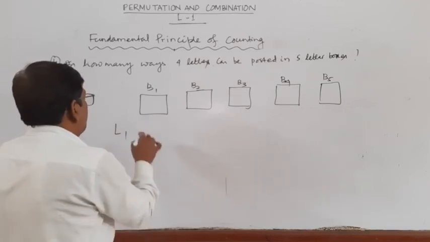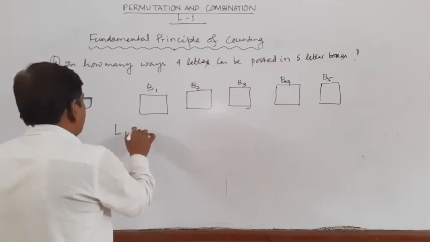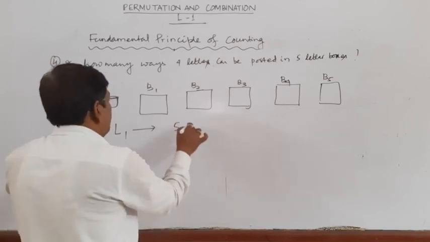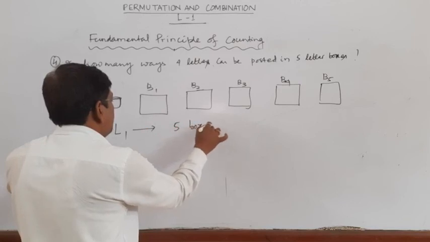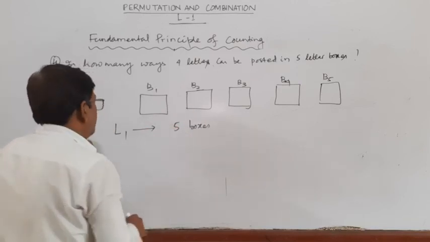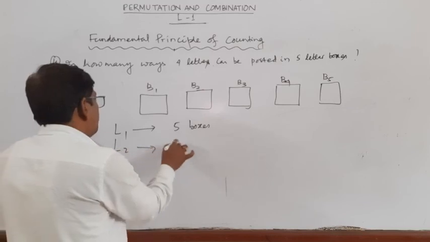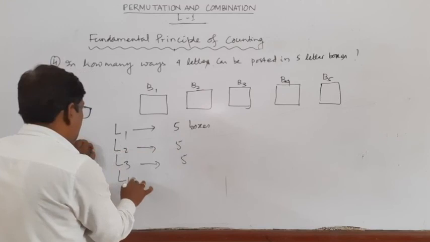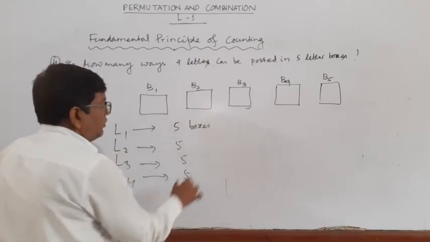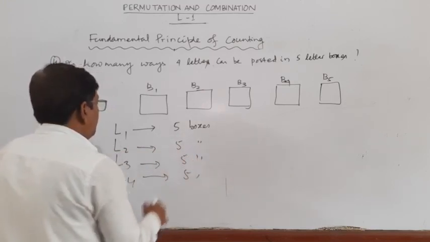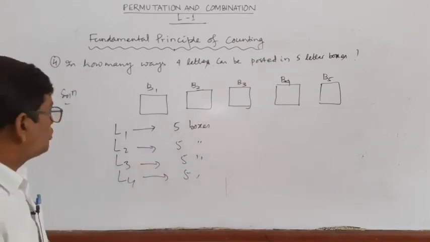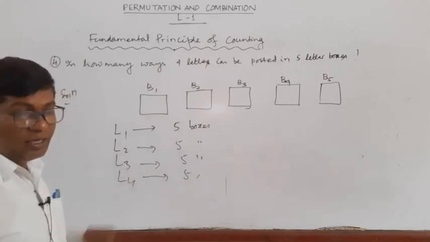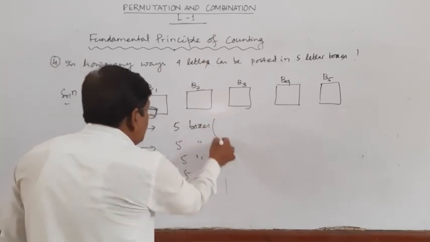There are 5 boxes, so 5 ways. For letter 2 also 5 boxes, for letter 3 also 5 boxes, and for letter 4 also 5 boxes. So we have to post letter 1 and letter 2 and letter 3 and letter 4, and the conjunction "and" arises here.